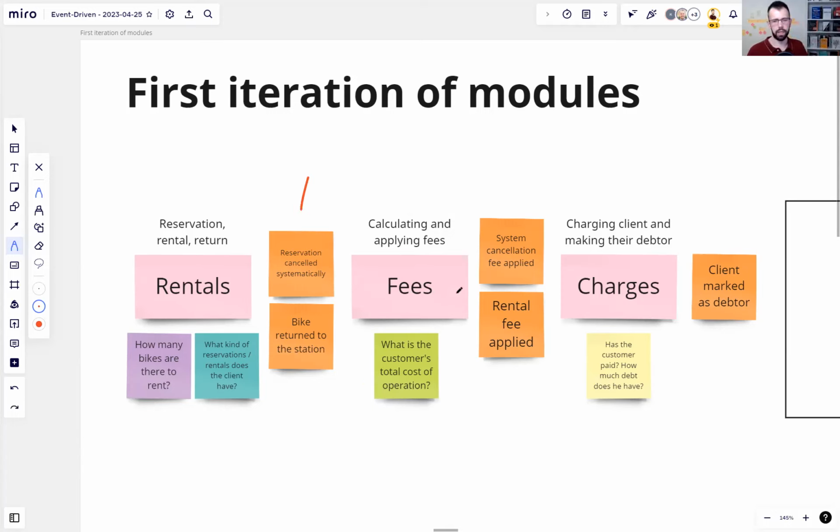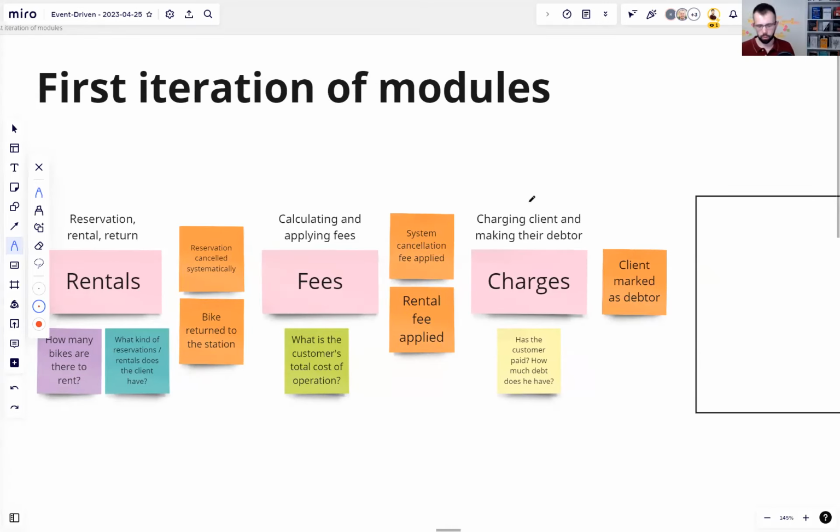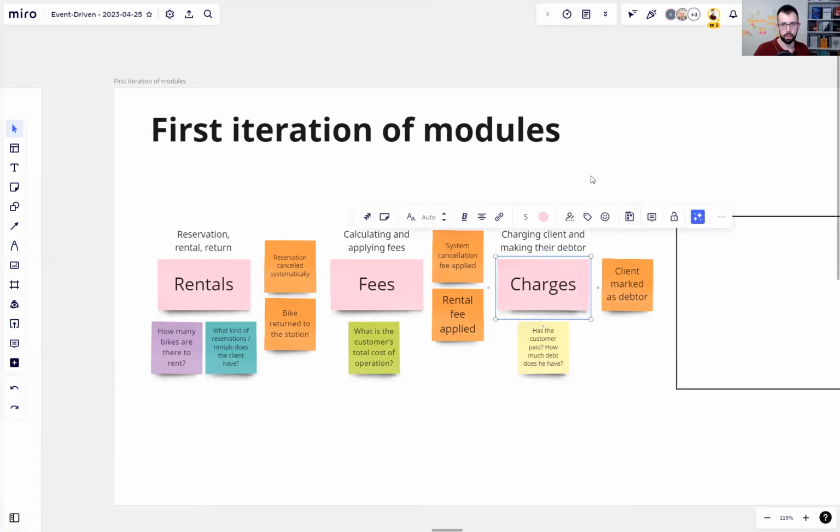And then it communicates once again with charges, and charges is responsible for charging the client and making them a debtor. It answers the questions: how has the customer paid? How much debt do they have? And client was made a debtor is another event that is returned from this module.